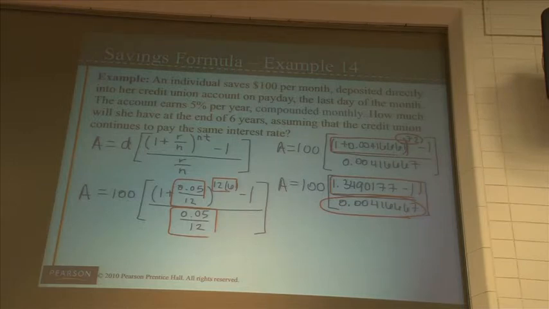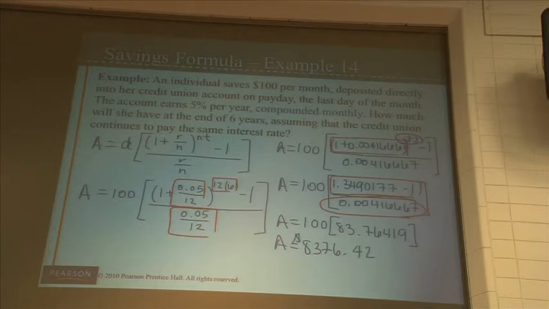And I've got A equals 100 times 83.76419. Multiplied by 100 gives us a grand total of 8376. Let's round that off to the nearest hundredth, 42.